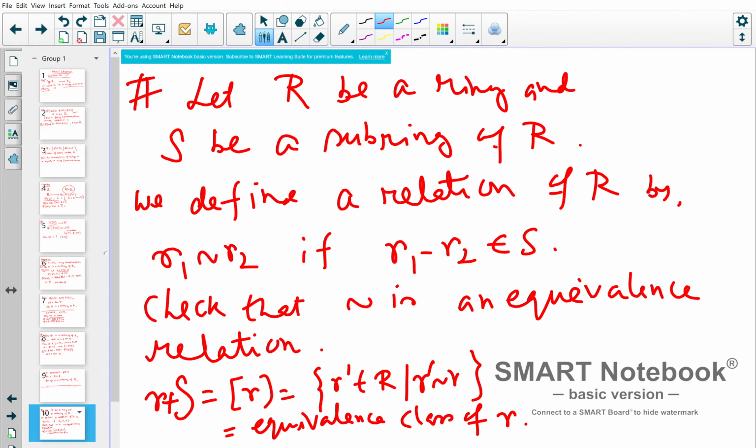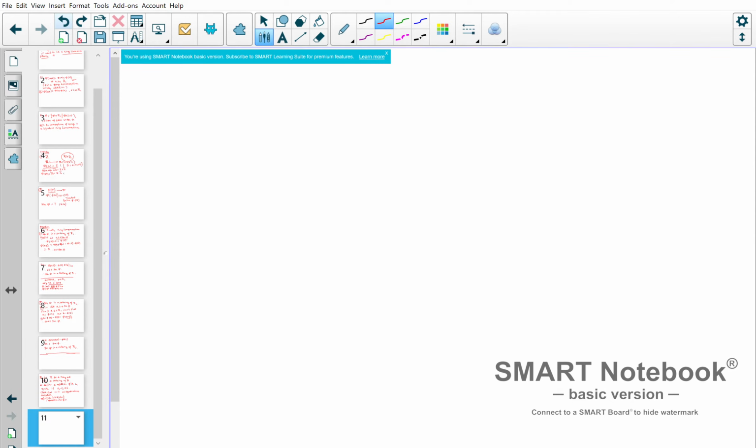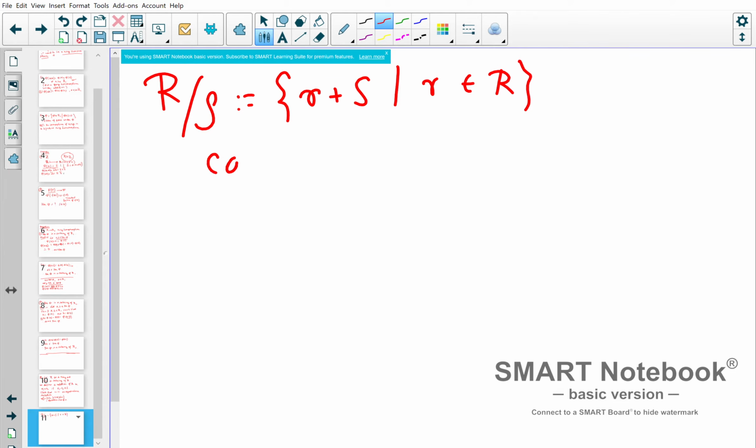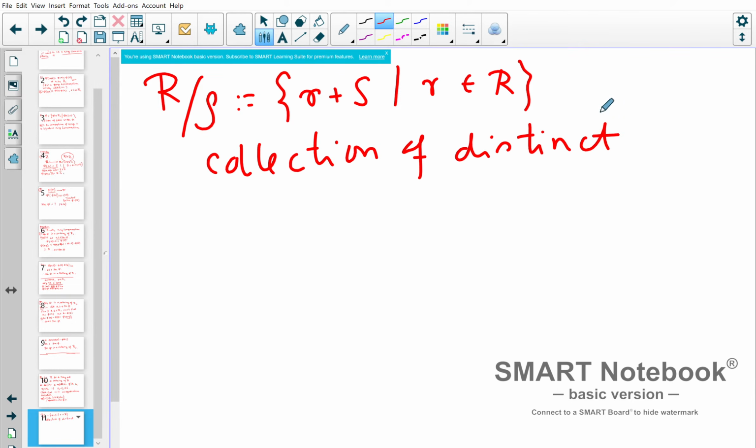Now we define this structure R divided by S. This is the collection of all elements of the form R plus S where R belongs to R. This is a collection of distinct left cosets, right?